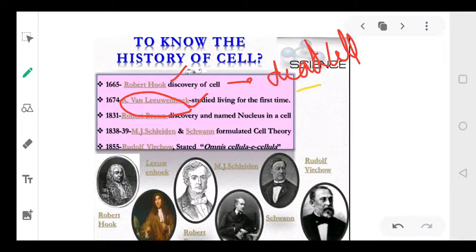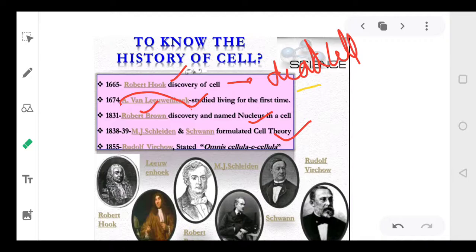Then comes who discovered the nucleus. The nucleus was discovered by Robert Brown in 1831. Then the cell theory. The cell theory was proposed and formulated by Schleiden and Schwann. Now Schleiden was working on plants and Schwann was working on animals.